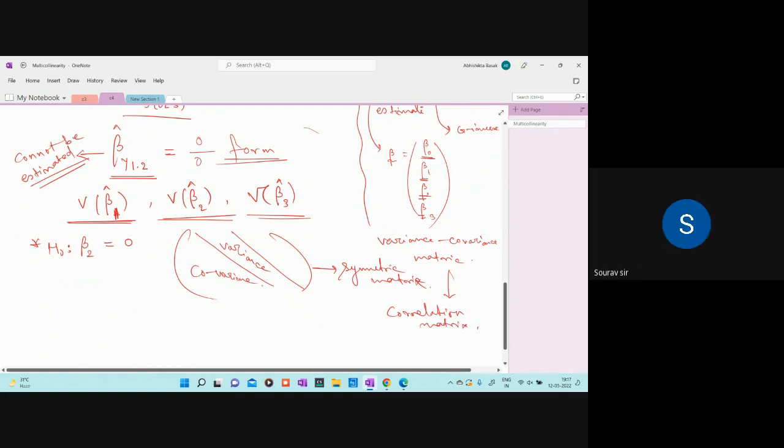If I write the constant term x naught, and x1, x2, x3, corresponding to beta naught, beta 1, beta 2, this is nothing but the variance between the two variables. So from this you will be getting the variances of the estimates.